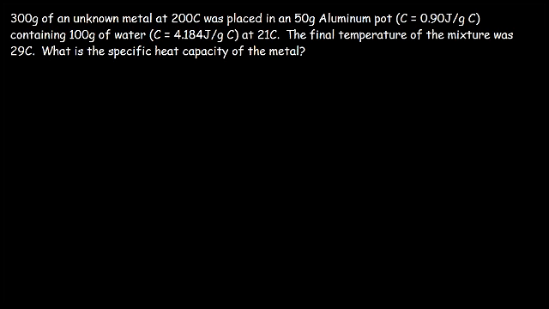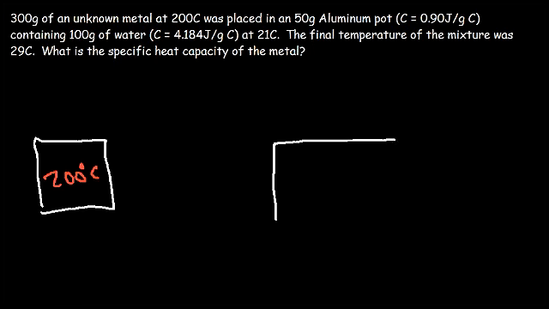So we have another heat transfer situation with three materials. So the unknown metal is at a temperature of 200 degrees Celsius. Now we have an aluminum pot that contains water.